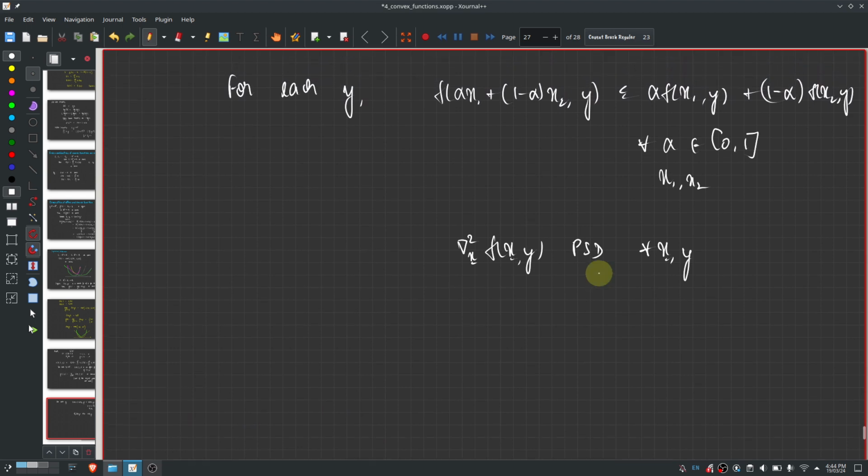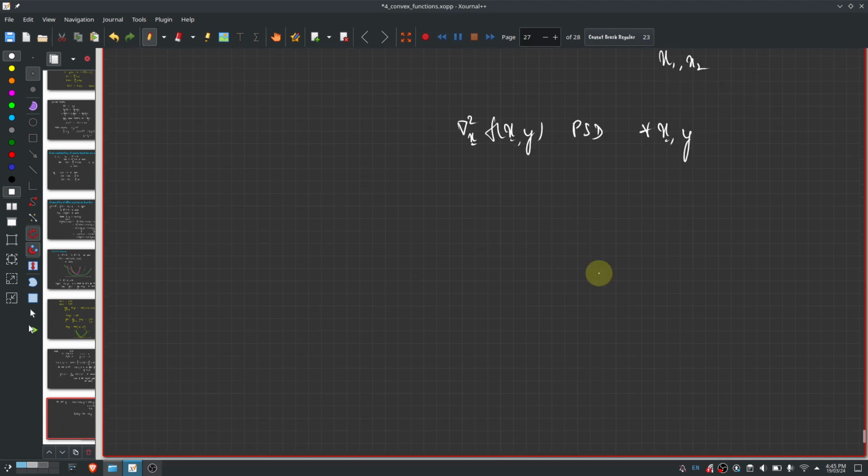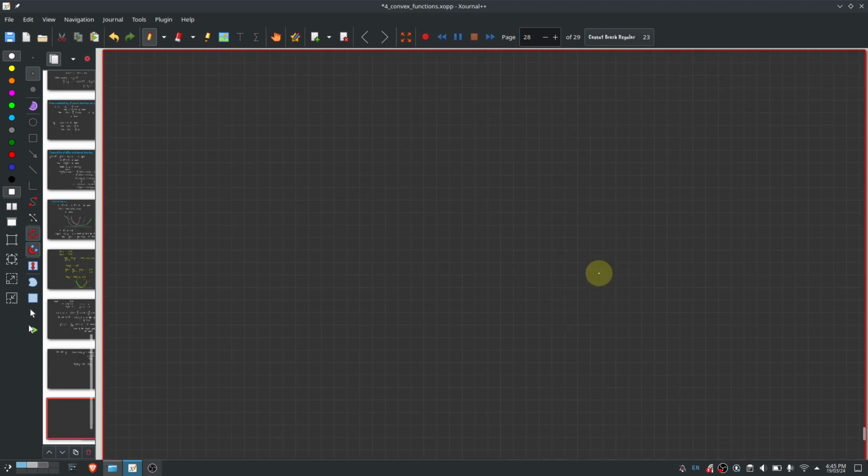Okay, so this was the statement, but we still need to prove why this is the case. And again, the proof is pretty straightforward. Let's prove it for two functions.